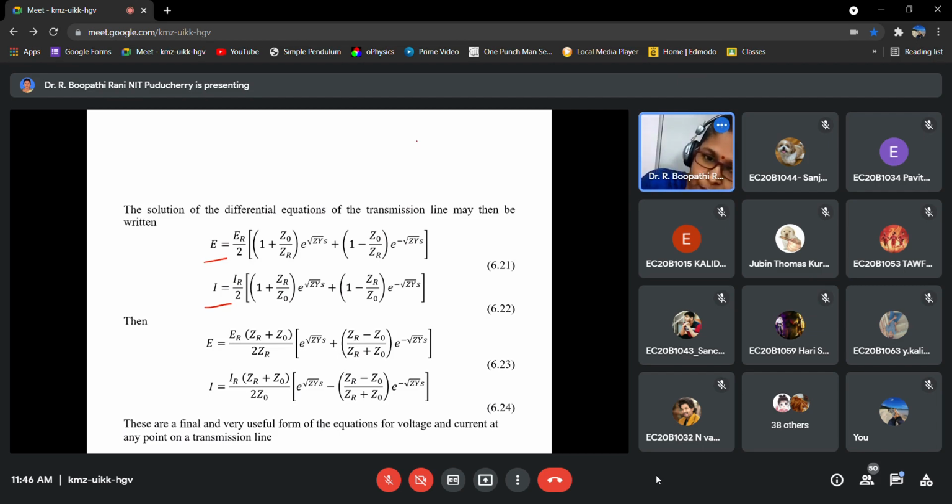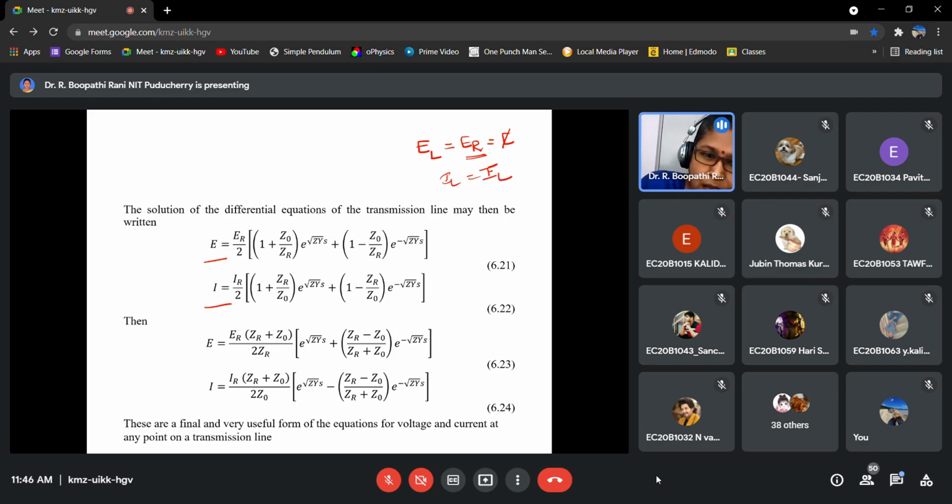See, the load voltage, I generally write, okay, load voltage, receiving end voltage. So the load voltage can also be called the receiving end voltage. Similarly, load current can also be called the receiving end current.